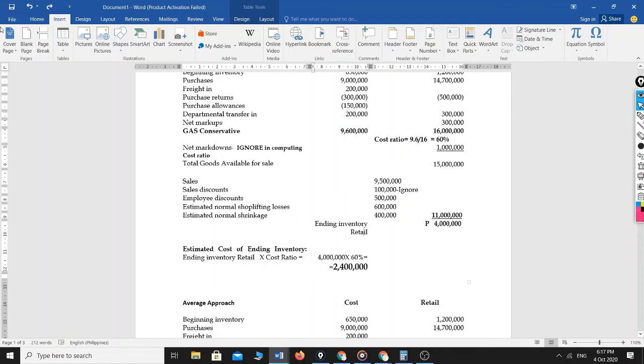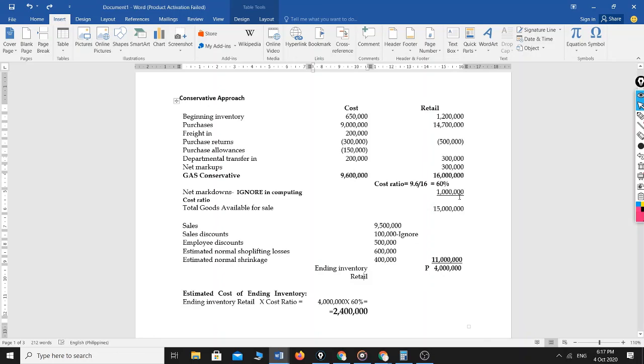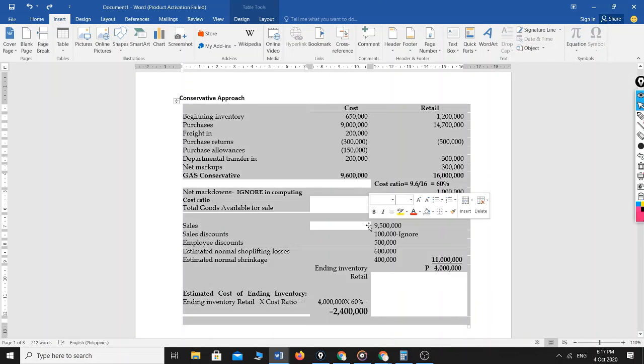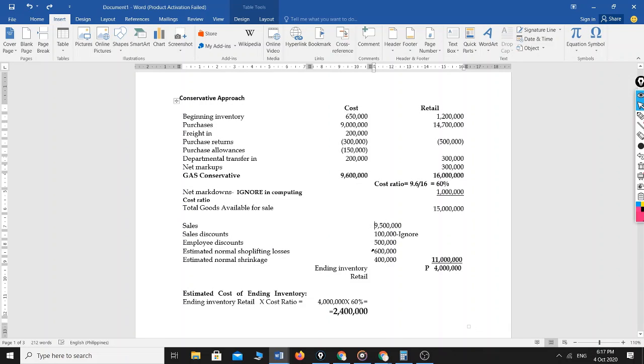Once you have the total goods available for sale, you deduct the net sales and the related adjustments. So goods available for sale minus what was sold, and what remains is the ending inventory retail. Then you multiply the ending inventory retail by the cost ratio, so you can convert it to the cost of ending inventory.